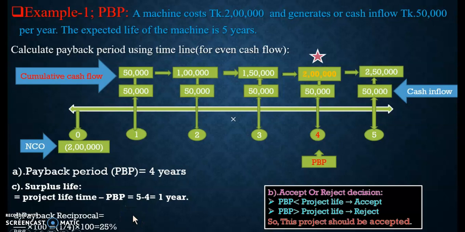It means the payback result will be a percentage. Formula is 1 divided by PBP, times 100. That means 1 divided by 4 times 100 equals 25%. This is the timeline method for even cash flows.